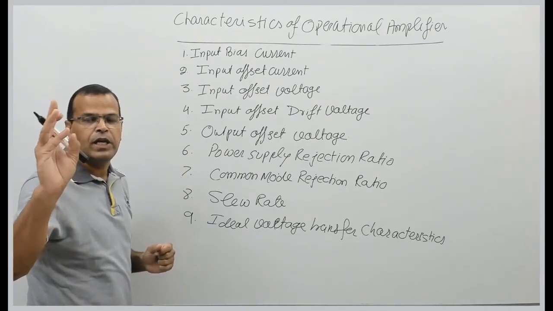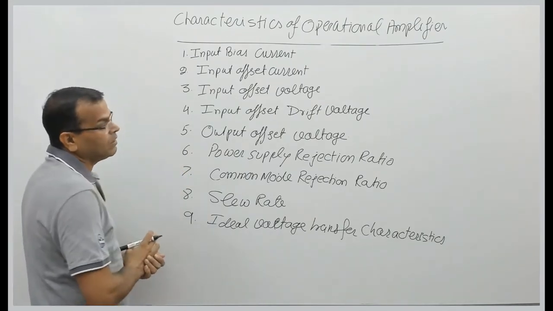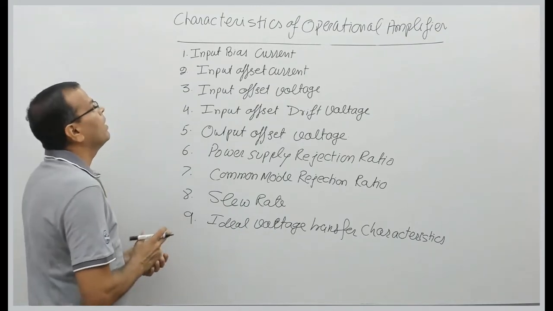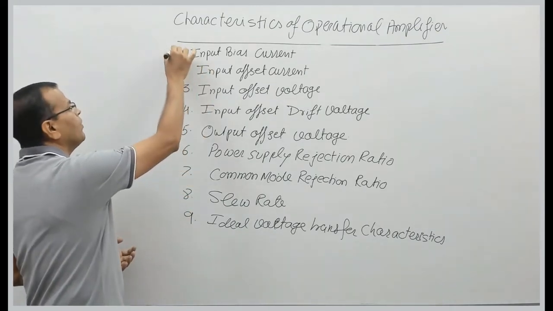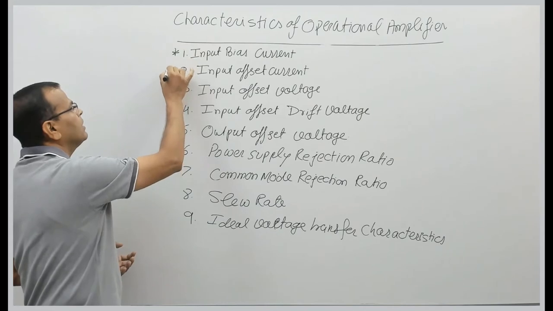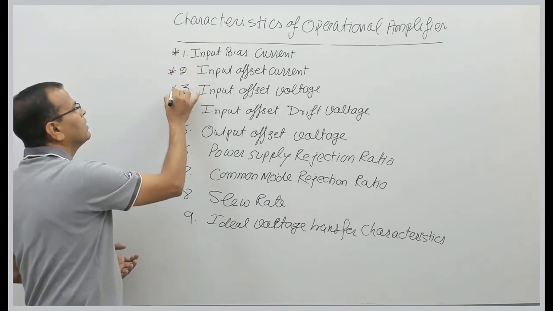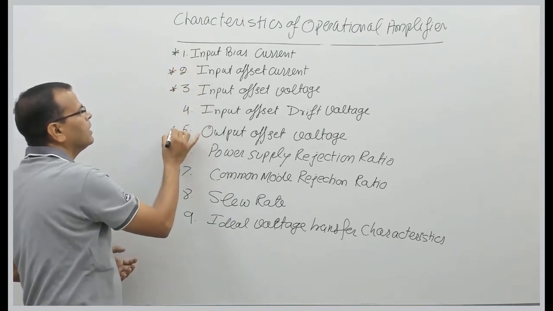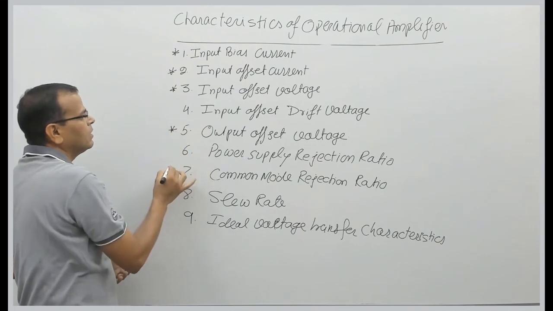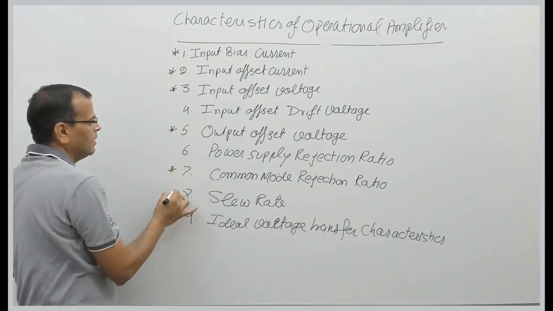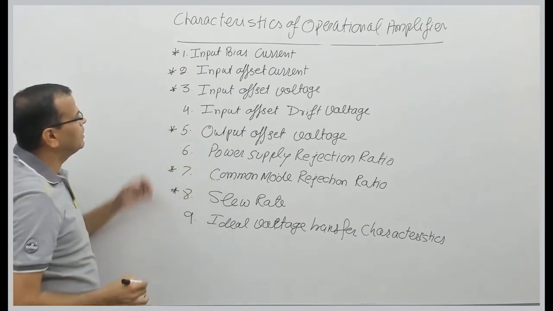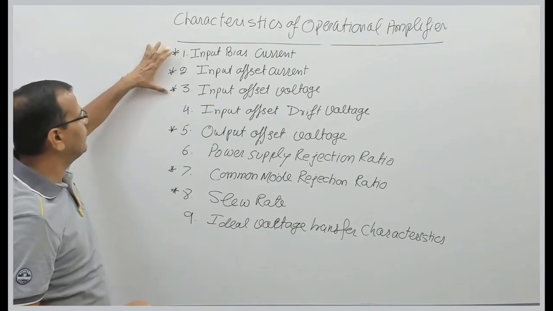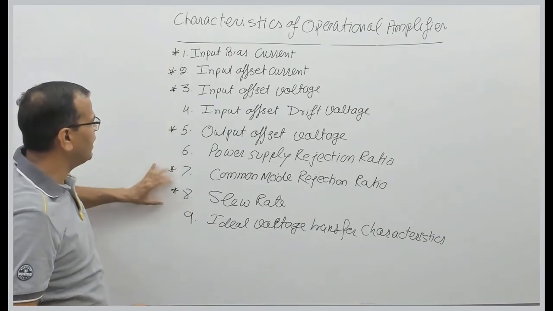Now there are a number of questions based on this particular topic in GATE, in engineering services prelims, and maybe in civil services as well. From examination point of view, these 6 characteristics are important.